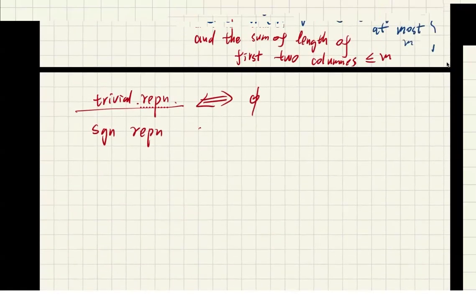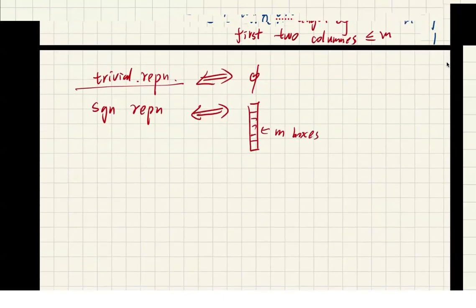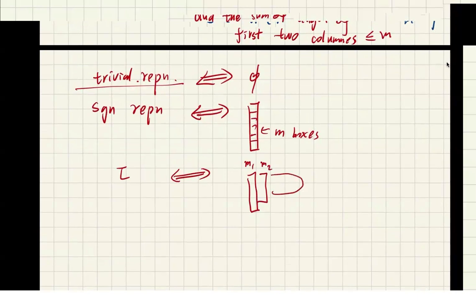So this corresponds to a single column with length m boxes. And the other generic representation corresponds to a diagram like this. The first column has n1 length, and the second column has n2 length, and you have something else, I don't care, but n1 plus n2 is less than or equal to n. So this is a general case.